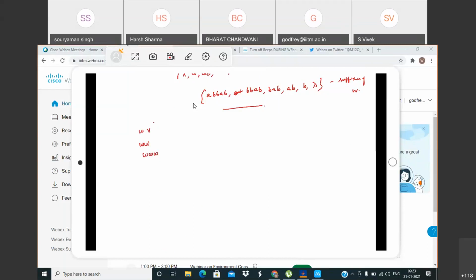If W is a string, then W power n stands for the string obtained by repeating W n times.